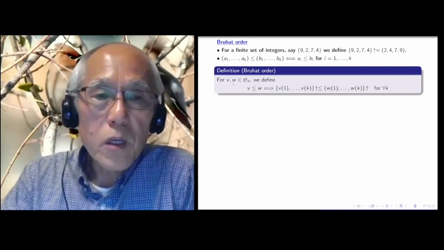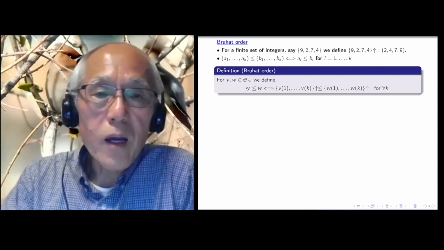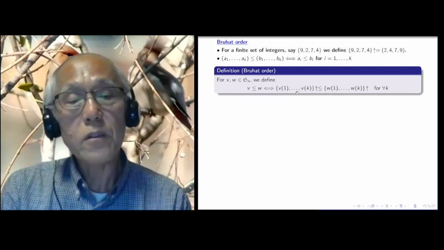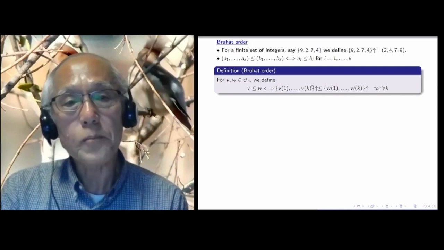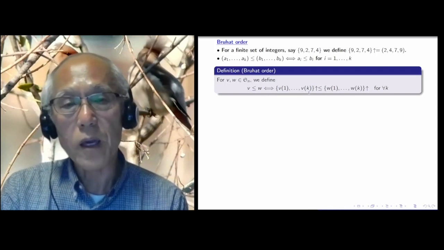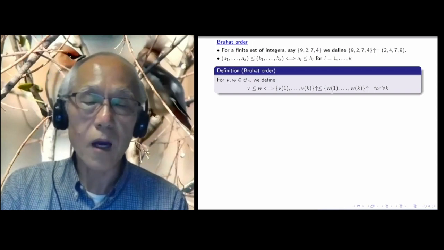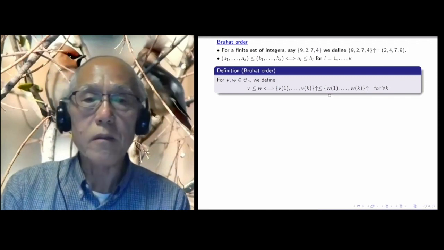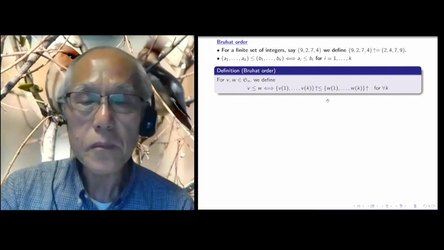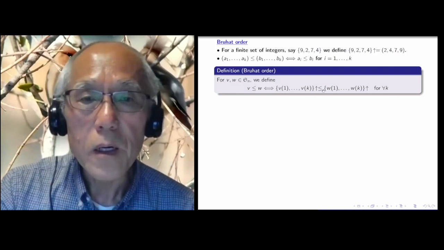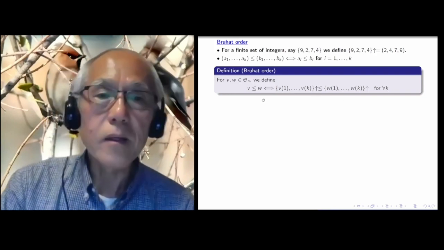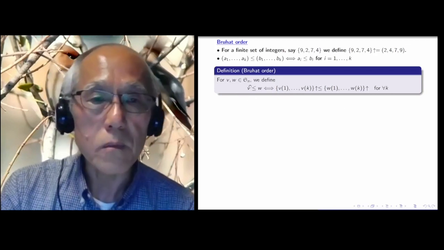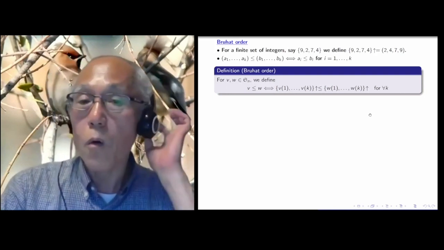For two permutations V and W, we define V is less than or equal to W if and only if I look at the first k numbers of these permutations, V1 to Vk, and also the first k numbers of W, W1 to Wk, and I arrange them in increasing order. If this inequality holds for any k, then we say that V is less than or equal to W. This is a partial order on the symmetric group, and it is called the Bruhat order.